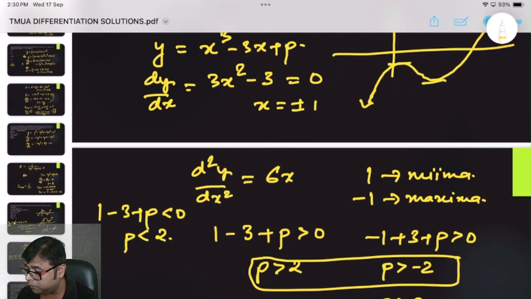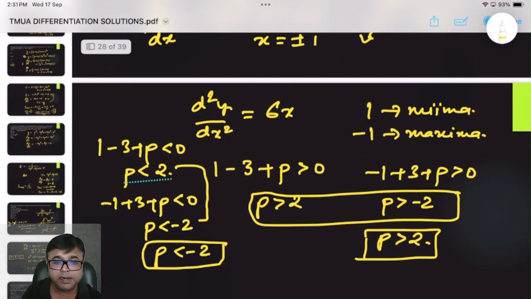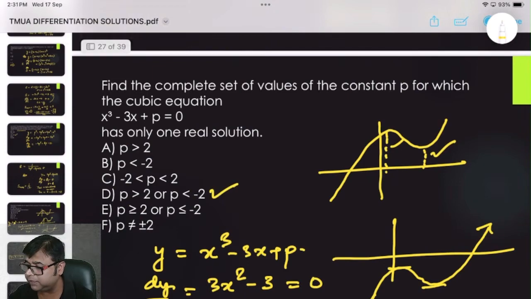And minus 1 plus 3 plus p should also be less than 0. This gives me p less than minus 2. Now the intersection of these two will be p less than minus 2. So I have two cases. Either p should be greater than 2 or p should be less than minus 2. If I look at my options, D is the right answer. So I have covered both the cases.